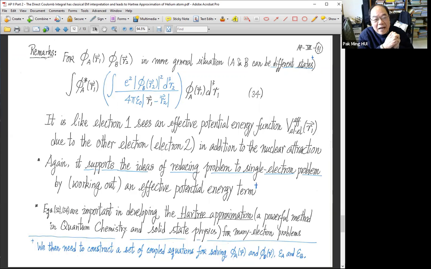Okay? And now it is rather clear that for electron number 2, which is farther away, the term provided by electron number 1 is now screening off some nuclear charge. Do you see? So it's already there.